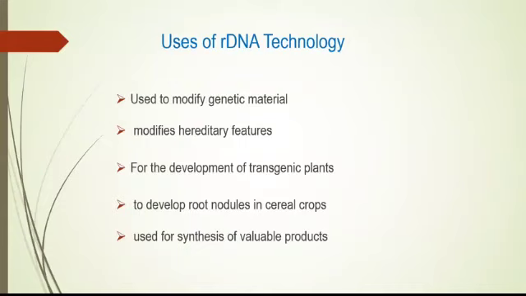The recombinant DNA is used for synthesis of valuable products such as alkaloids, insulin, vaccines, antibiotics, etc. Then by using rDNA technology, we can produce various transgenic plants, and this technology is also used to develop root nodules in cereal crops. Thus, recombinant DNA technology is applied in plants as well as in animals.